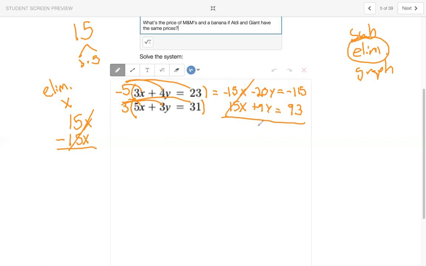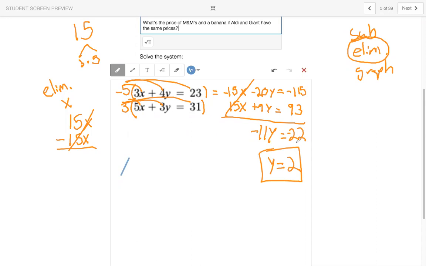This is now negative 20y plus 9y. So negative 11y. Does that sound good? What do you think the rest is going to be? Let me know. You should have been saying that y eventually is going to get you to here, but it's a negative 22, eventually saying that y equals 2.